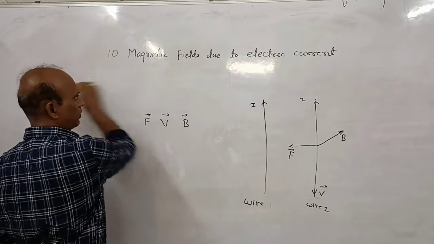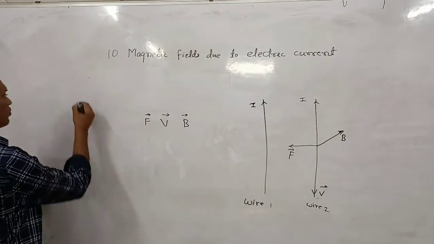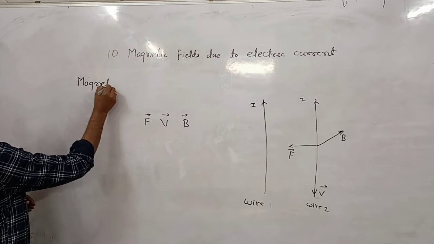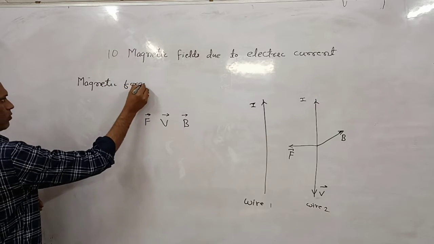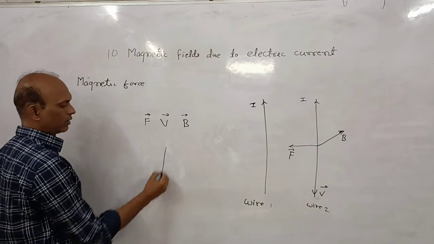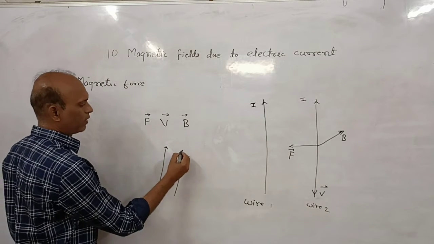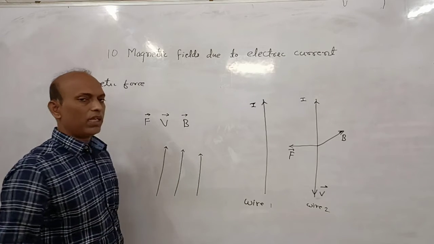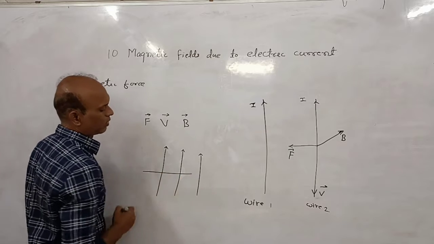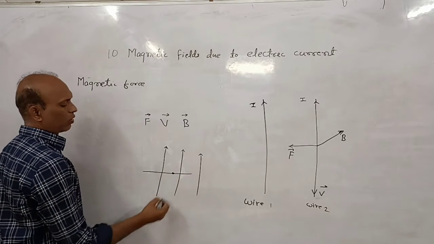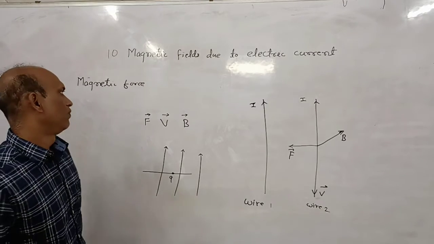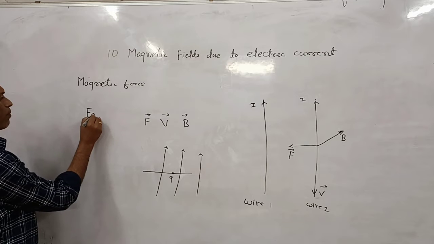Now the magnetic force. Consider a uniform magnetic field, and if we fire an electron moving from this direction to this direction, this charge will experience a magnetic force, denoted by Fm.